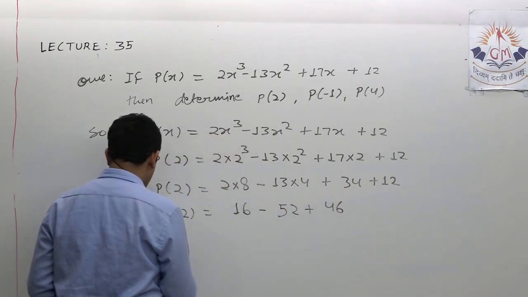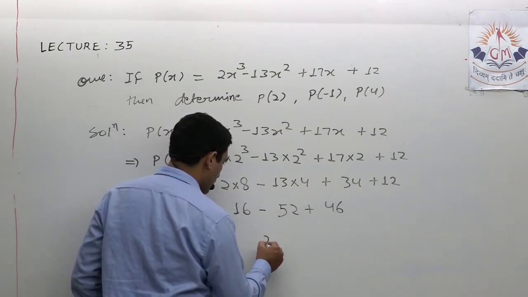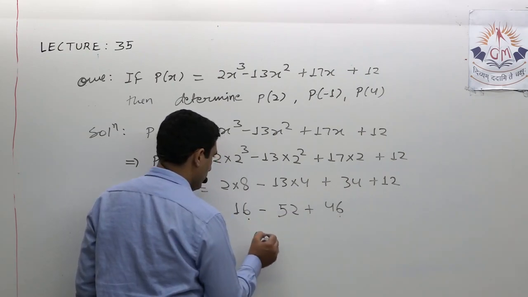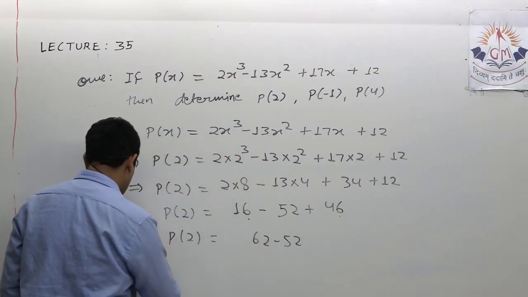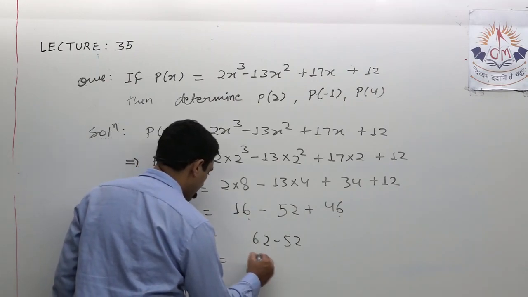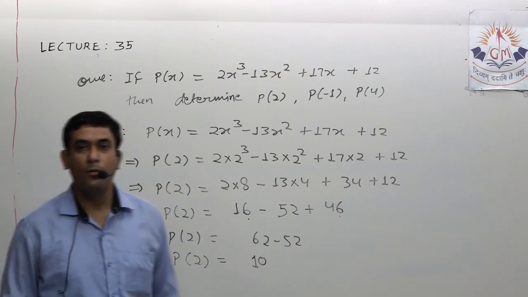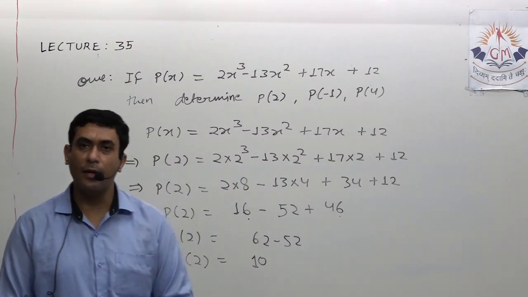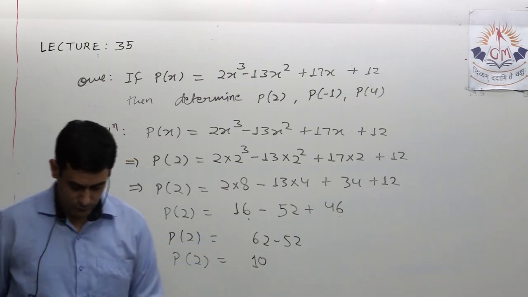Now if I add these two, 62 minus 52, so p of 2 is equal to 10. This is the final answer, the value of p of 2, or the value of the polynomial at x equal to 2. Both things are the same. So please note it down, then we'll come to p of minus 1.